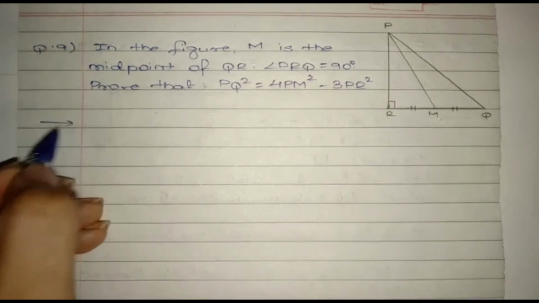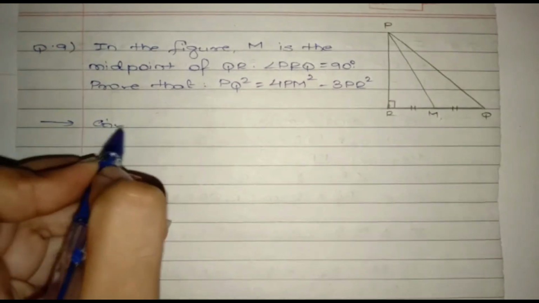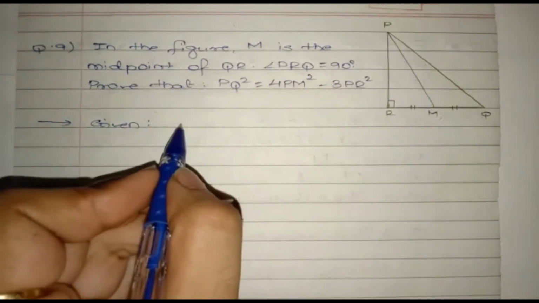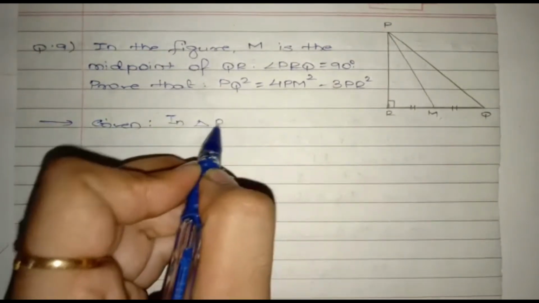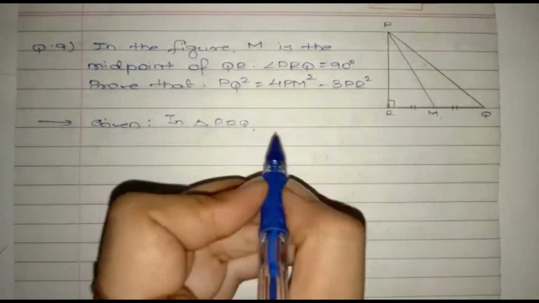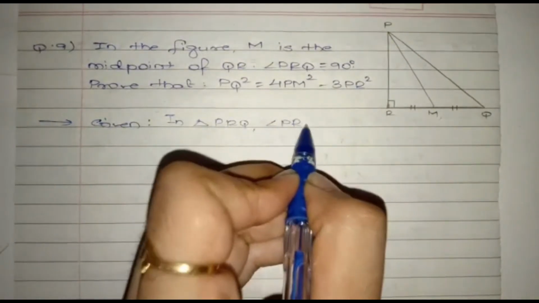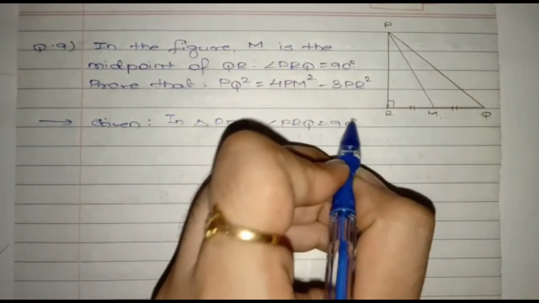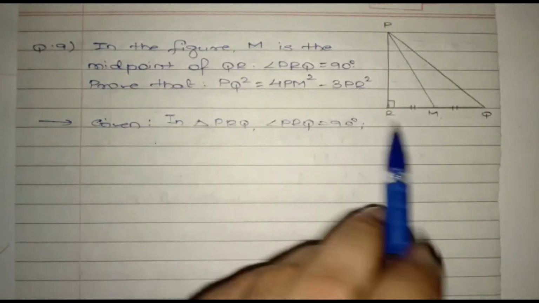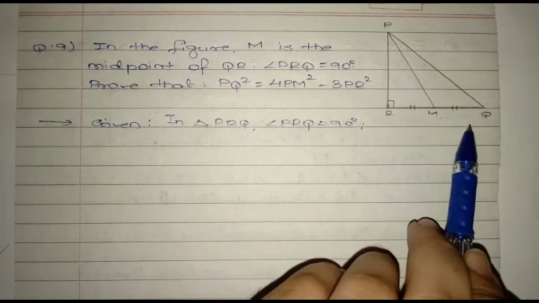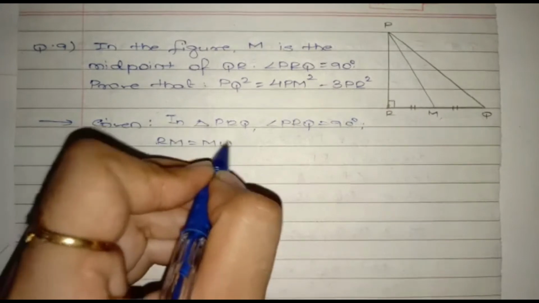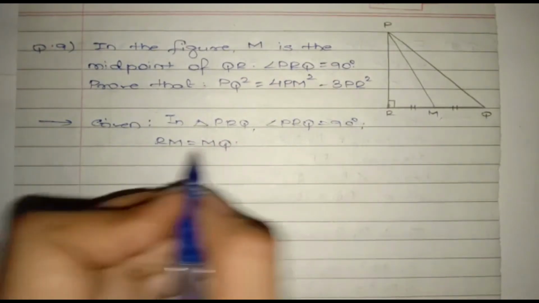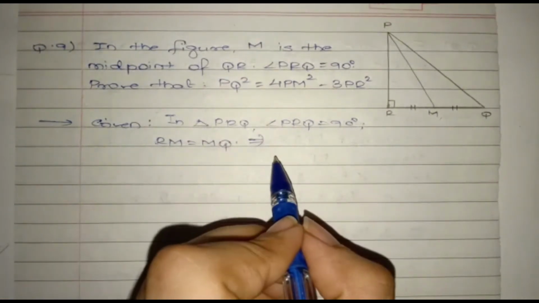So let us start. First I'll write given. Given in triangle PRQ, angle PRQ is equal to 90 degree. Also M is the midpoint of QR, so I'll write RM is equal to MQ.